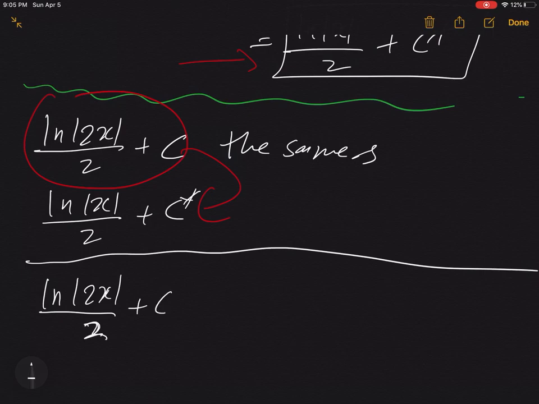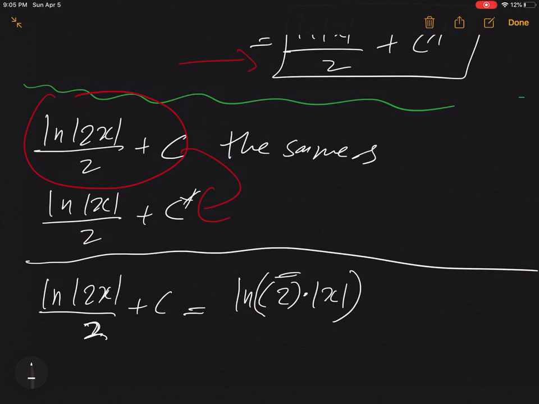And of course, as you know from the basic rules of logarithms, we may write this as the ln of 2 times absolute x, all of that contained in big parentheses. Since 2 is positive, I can take it out of the absolute value without any worry.